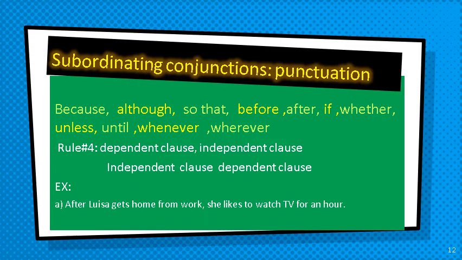For example, after Louisa gets home from work, comma, she likes to watch TV for an hour. But what if the independent clause comes first and the dependent clause comes afterwards? Louisa likes to watch TV for an hour after she gets home from work. So, in example B, there isn't any need for a comma since the independent clause has come first.